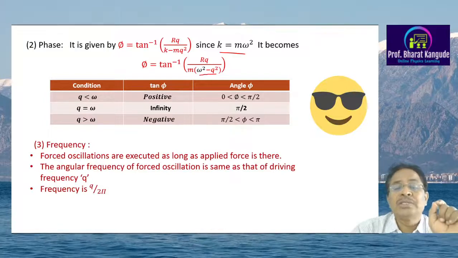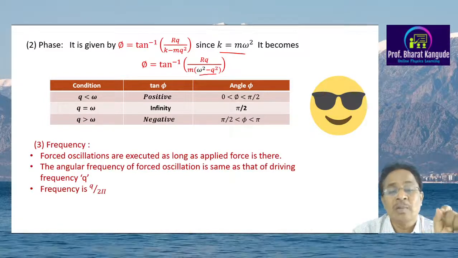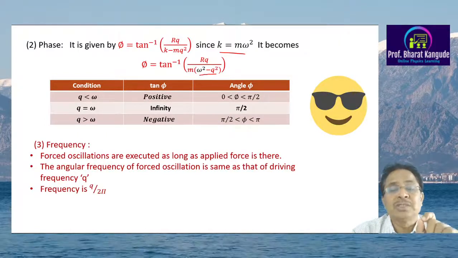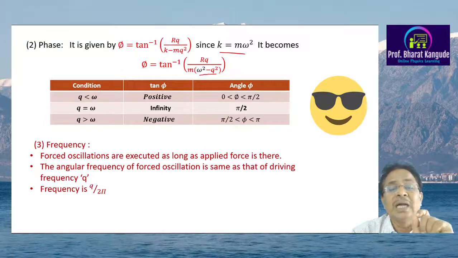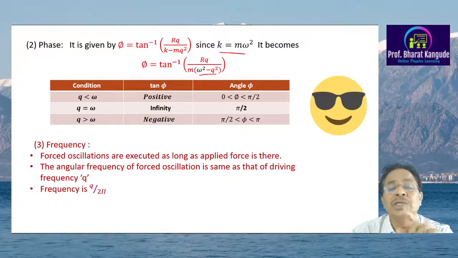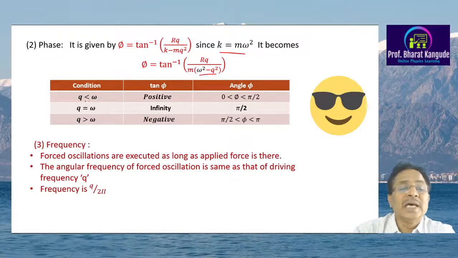Now when q is greater than omega, q is equal to omega, or q is less than omega, depending upon that the denominator sometimes becomes positive, sometimes it is 0, sometimes it is negative, and based upon that the angle phi, or the phase of this type of forced oscillator, goes on changing. So this particular table tells you what will happen when q is less than omega.